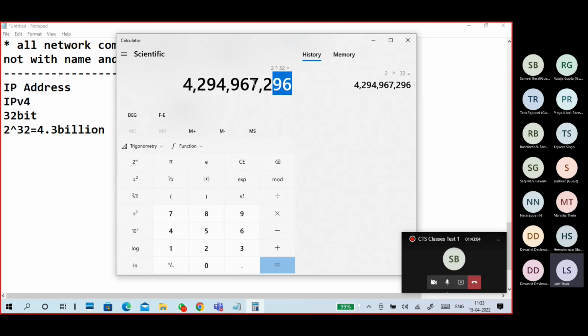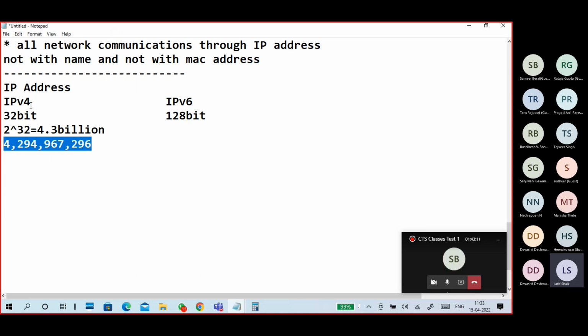This is the total size of IP addresses in IPv4: thousands, millions, billions. So 4,294,967,296 IP addresses.